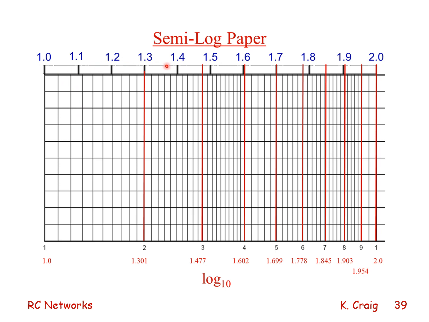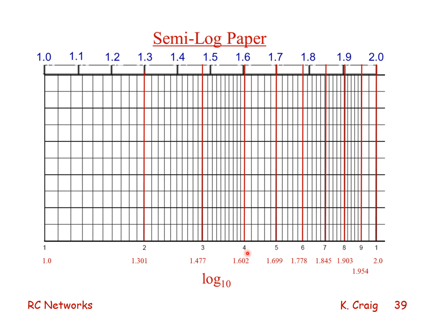At the top, I have a linear scale. So the log of 10 is 1. The log of 20 is 1.301, which is right here. The log of 30 is 1.477, which is right here on the linear scale.